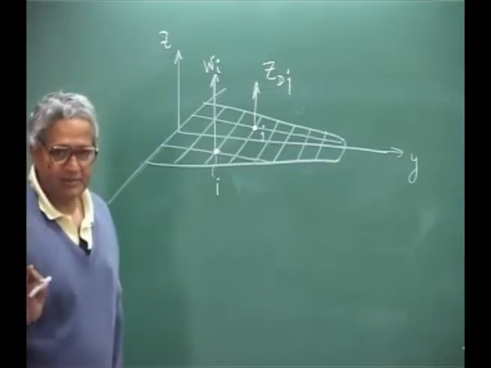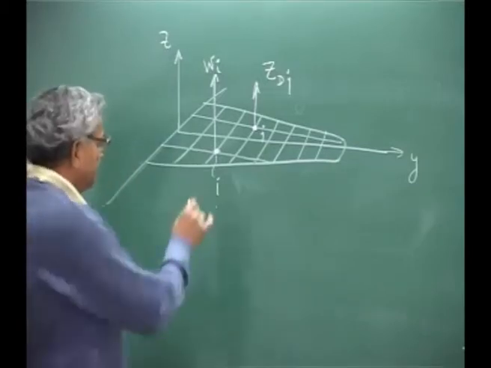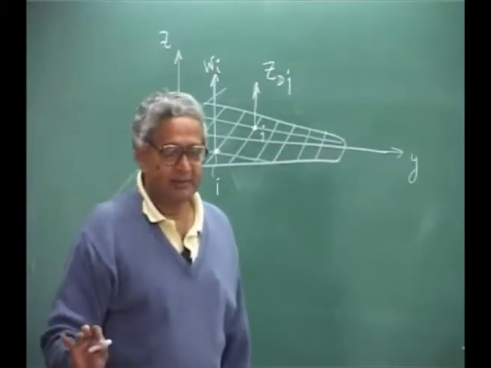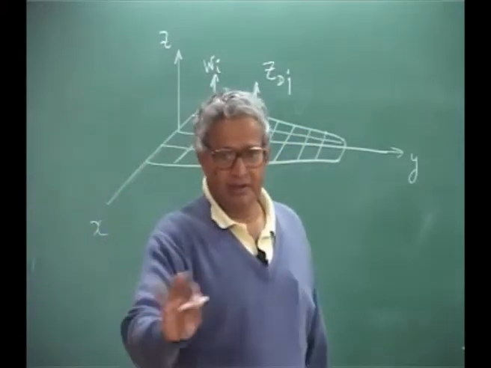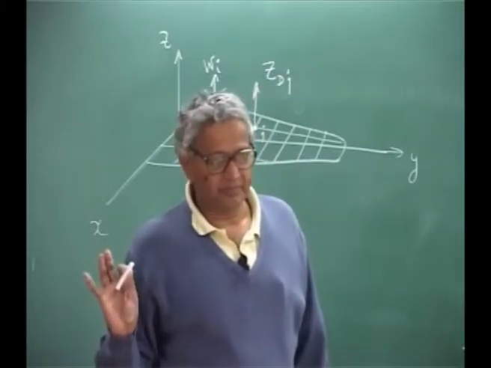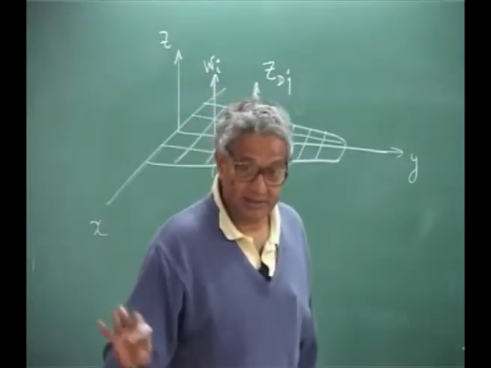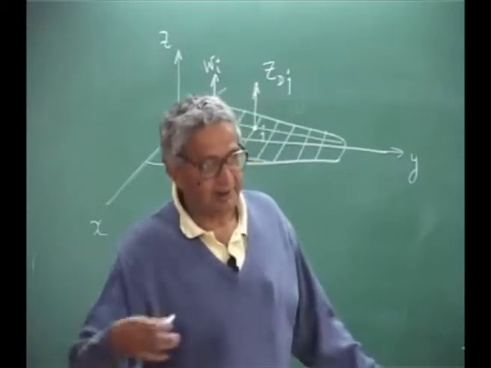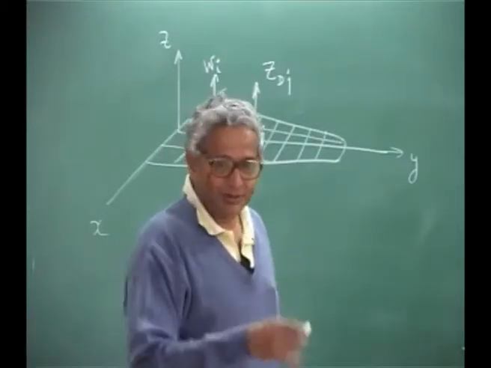I will only solve if I take some 100 points. You try to solve only at those 100 points. That means I am dividing my structure into 100 or 1000 nodes, depending on the number.